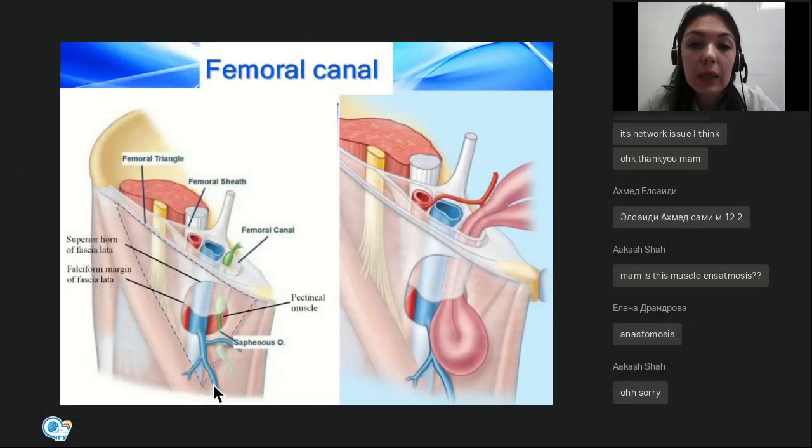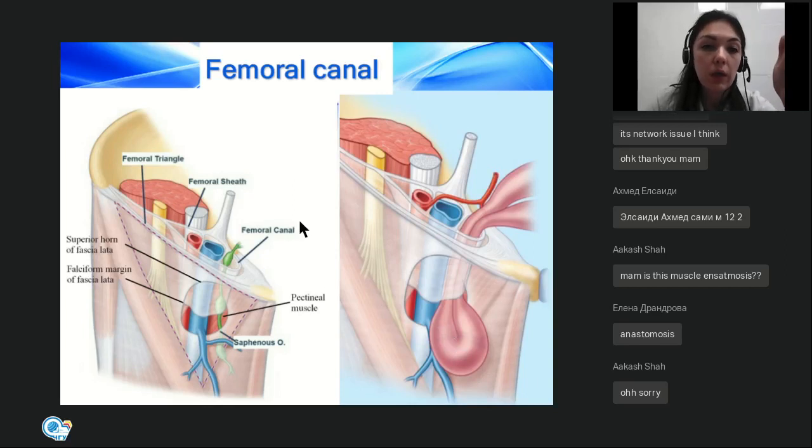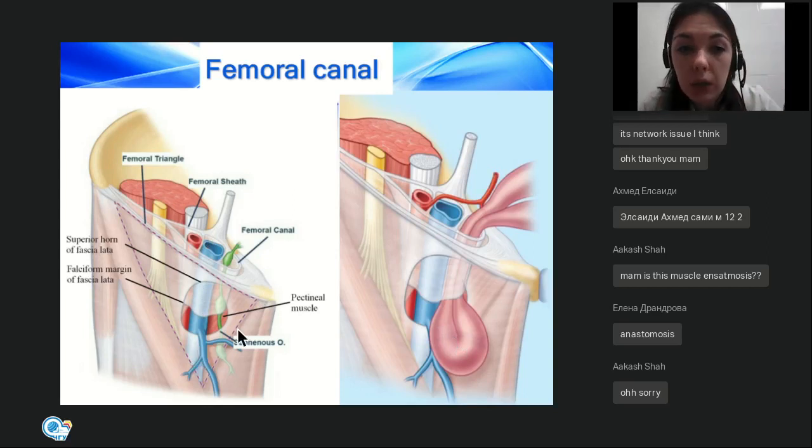So the femoral canal itself, here you can see an intestinal loop passed through the femoral canal. Only when the intestinal loop enters does it form the femoral canal. So the femoral canal also has 3 walls. Laterally, it is again the femoral vein, and also there is anteromedial and posteromedial. The femoral canal is like a space between 2 layers of the fascia of the thigh known as fascia lata.